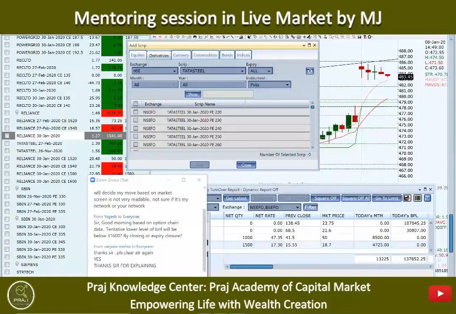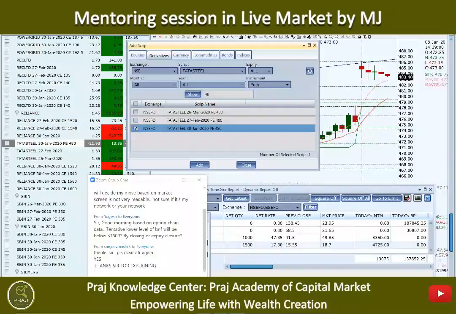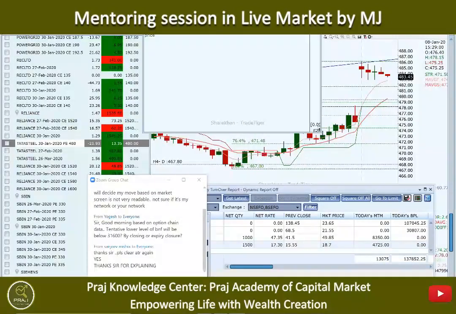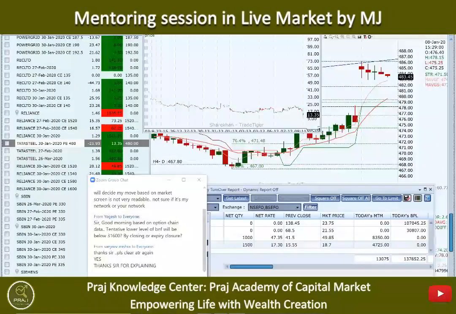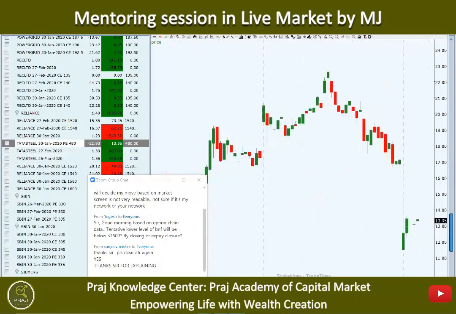Put of 483, 480 will be the January. So I can add that, and you will see now the put is going upside. How long will it go upside? As long as the gap is to be filled. So don't expect a much bigger move in that, right?